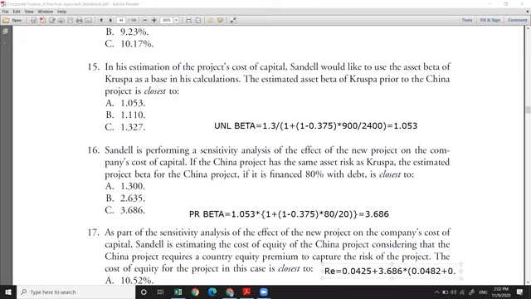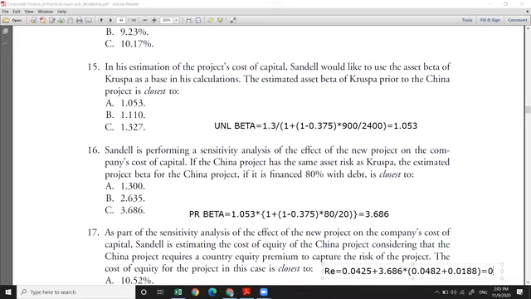It's 1.18%. And this is equal to, let me calculate. Did anyone calculate?